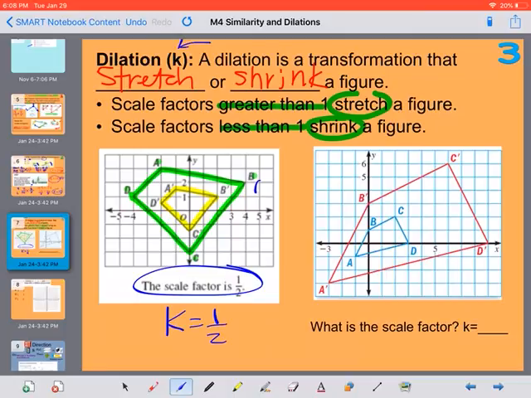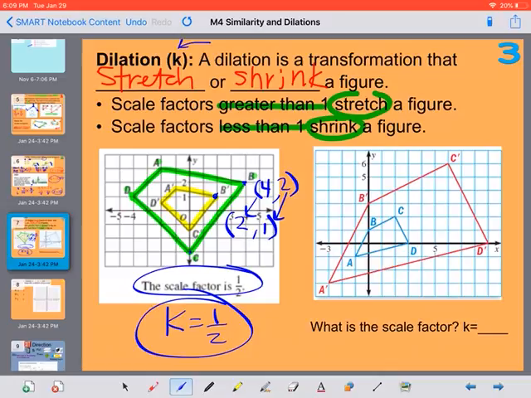So for example, this point right here was 4 to the right up 2, but now the point over here is only 2 up 1. So we took all of the numbers and divided them by 2, or took half of 4 is 2, half of 2 is 1. So we took this scale factor and applied it to each point and made it half as big as it was.